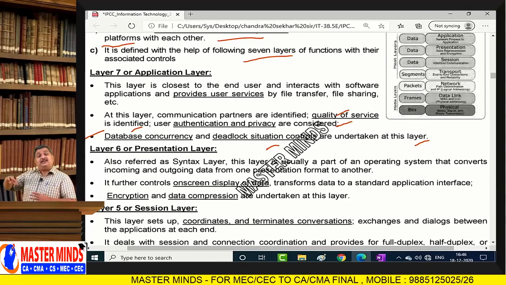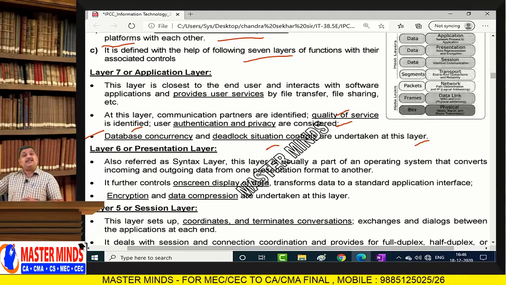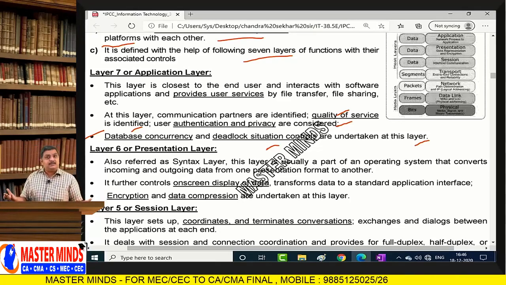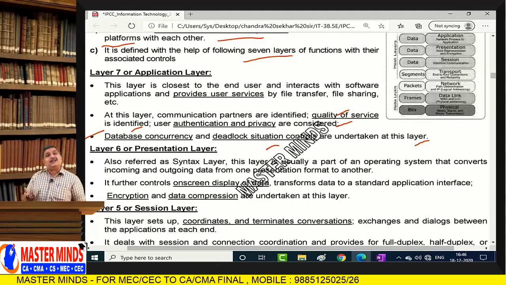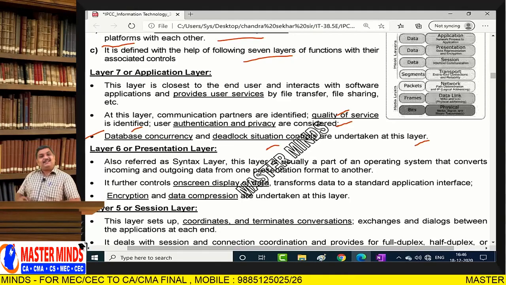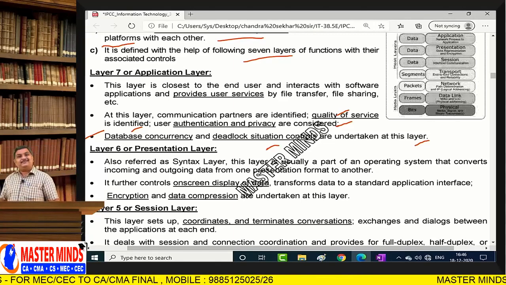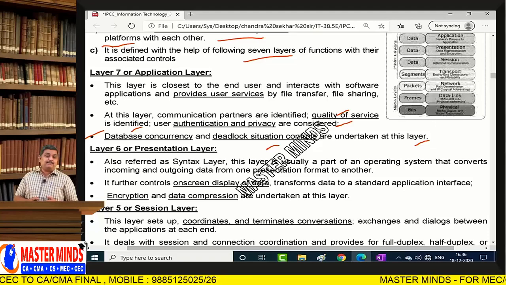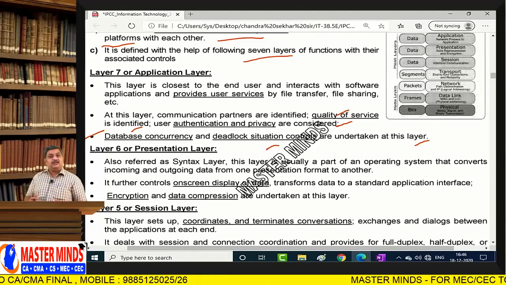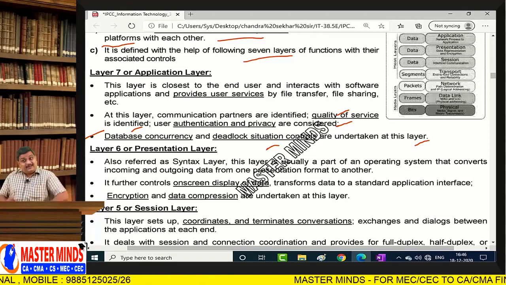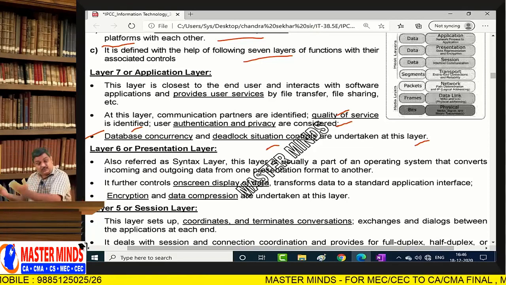Whether the receiver is busy or can be accessed or not. Without looking at all these things, how can I say hello to my friend? It is not a physical hello. It is a hello using a network. So, I have to check all these things. Whether I can access the channel or not. Whether I am an authenticated person to say hello or not. Whether I have the permission to access the network channel or not.